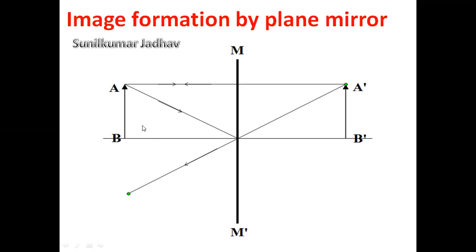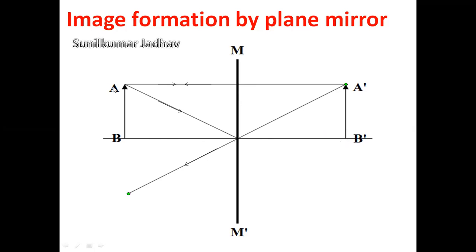I hope you understand. Two rays we have taken. One is incident at this point and reflects on this path. So we have extended it at the back side, and the other ray which is perpendicular to the mirror will be reflected back on the same path. We have extended them back and both of them are meeting each other at point B dash.